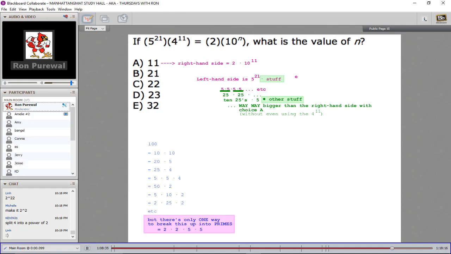So let's do that. 5 to the 21, 5 is already a prime. 4 is not a prime. What do you do with 4?